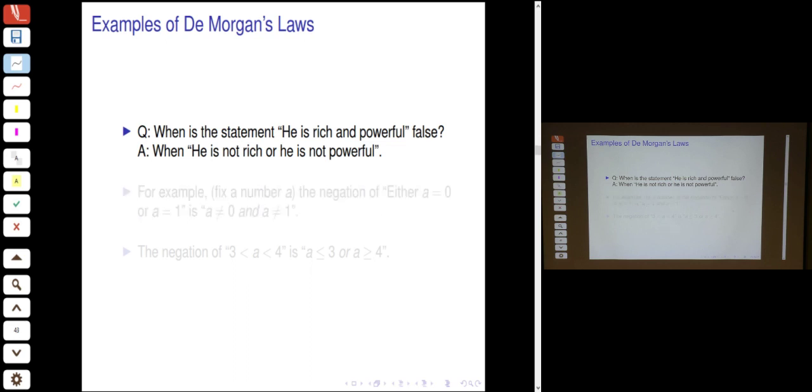We want to take the negation. What is the negation of 'he is rich and he is powerful'? The answer is you have to take the negation of each component and then connect them by or. Here it's and, but you have to flip it to or. So the answer is: he is not rich or he is not powerful. That's the negation. You can shorten it by neither nor, but that's an English exercise.